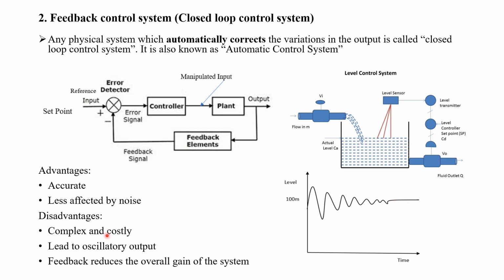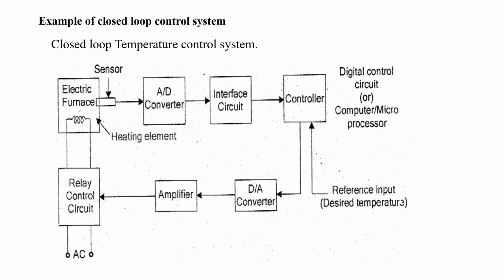Another drawback here is that the feedback reduces the overall gain of the system. In the next lectures, we are going to see about the gain of this control system. The overall gain of the system gets reduced because of the feedback connection. Okay, so this is about the feedback control system or closed loop control system.